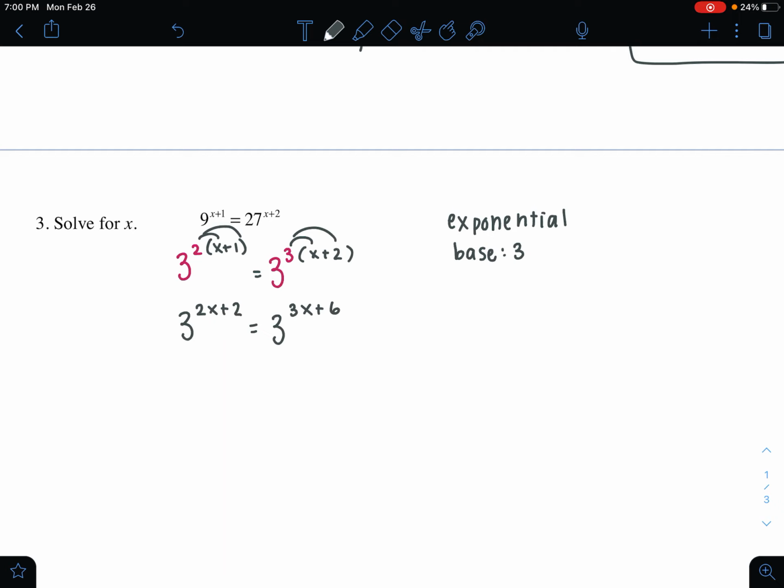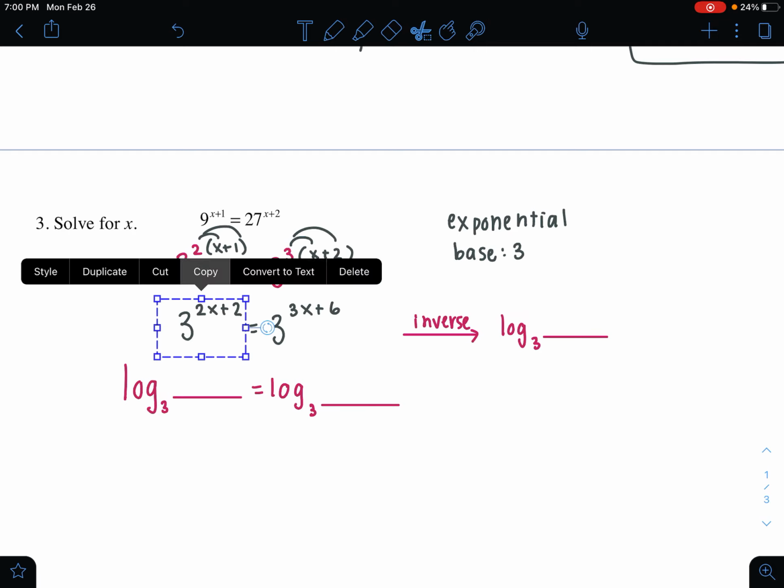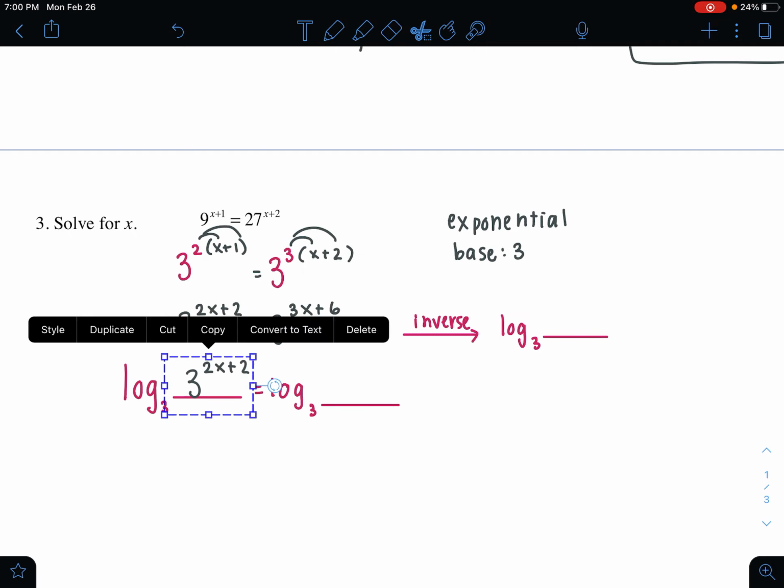Now that you have one base and exponential on each side, what's the inverse of an exponential? A logarithm. And since the base was 3, with a base of 3, you're going to do log base 3, line on each side. And every single thing, including that 3, is going to go there.